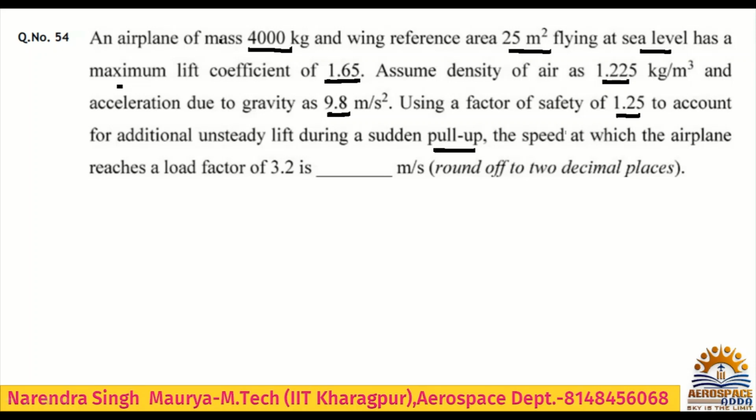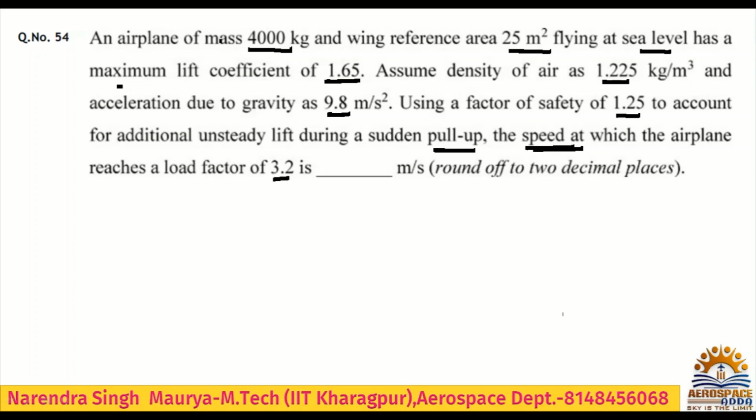So here also they are asking speed, but at what condition? They are asking speed at which the airplane reaches a load factor of 3.2. So for that particular pull-up condition, this is the maximum load factor 3.2 they have given, and they are asking what will be the speed for this maximum load factor. That is the question. Again, they mentioned sudden pull-up. As I told you, pull up and pull down is the vertical turning condition for the aircraft.